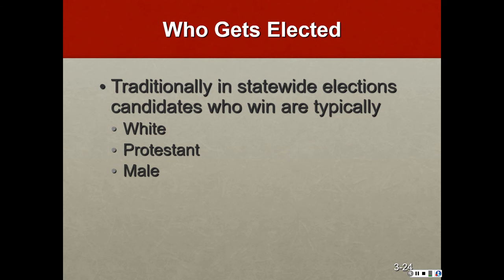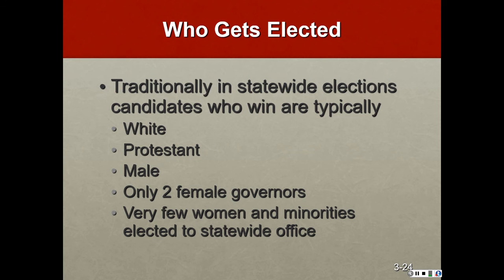Well, they're WASP, white Anglo-Saxon Protestant males. We've gone over this. Y'all know this. You recall we've only had two female governors. Who were these two female governors? We see very few women and minorities elected to statewide offices. If you think about it, do we have any now?